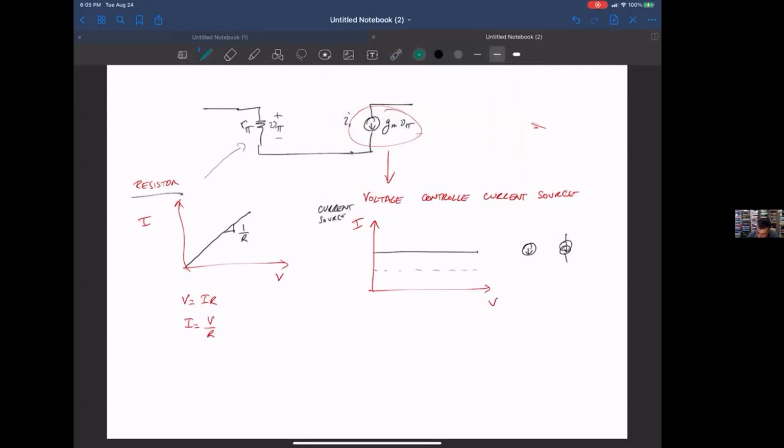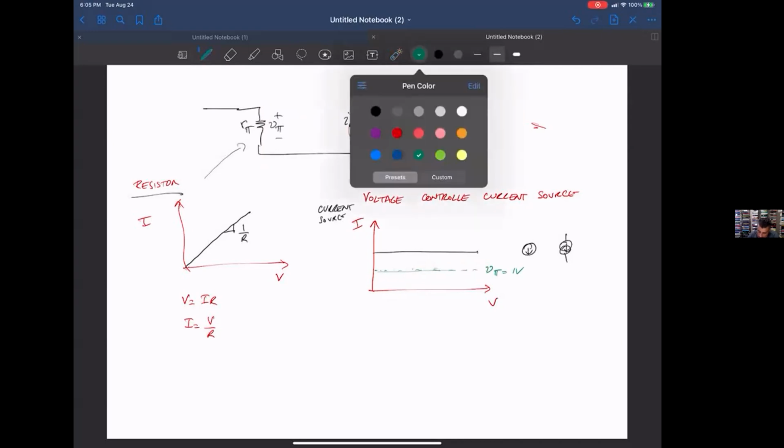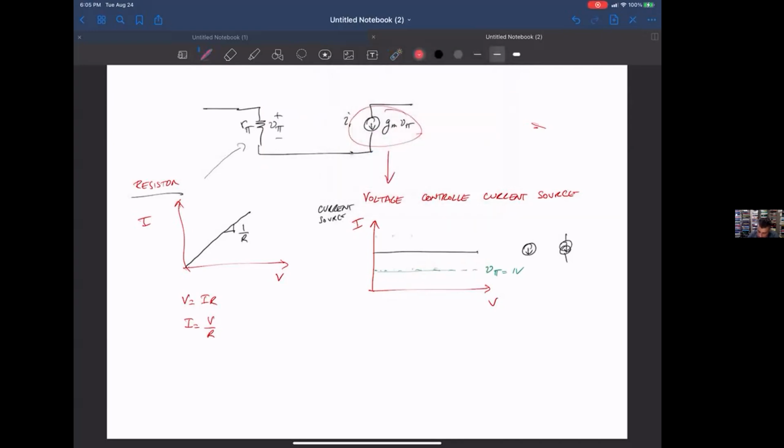If V sub pi is a value of 1 volt, the current will end up down here, but it doesn't change with this voltage. Notice it's still a straight line with this voltage across it, but it'll be a certain value. And if I make the voltage V sub pi higher, it'll be some other value.